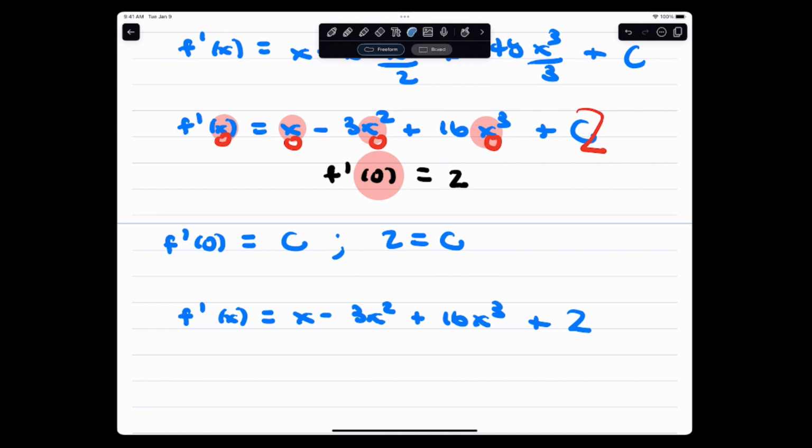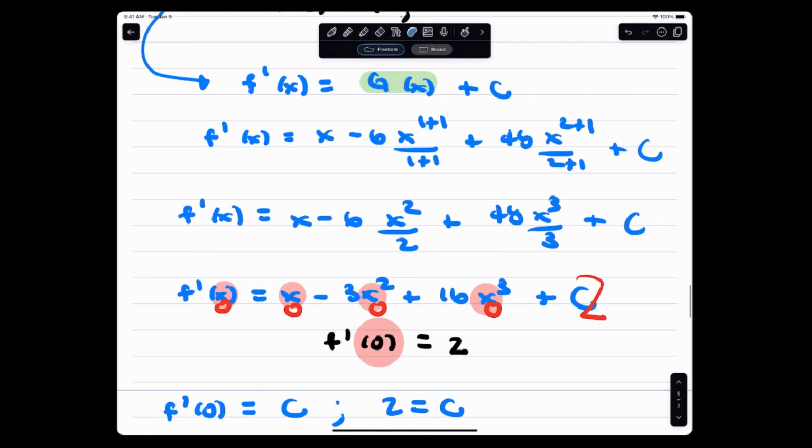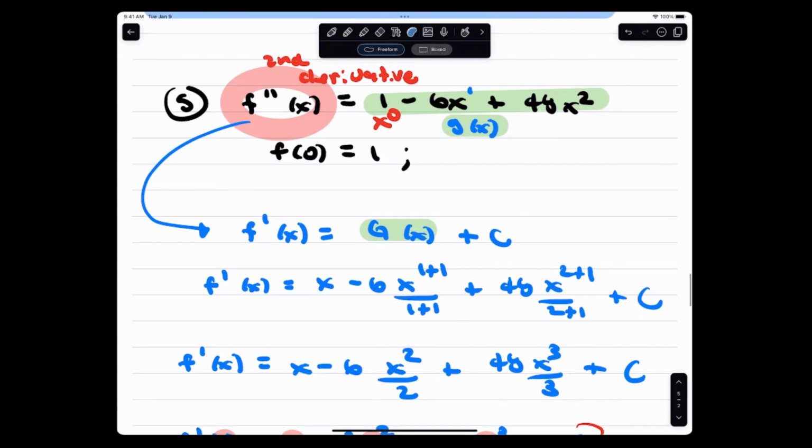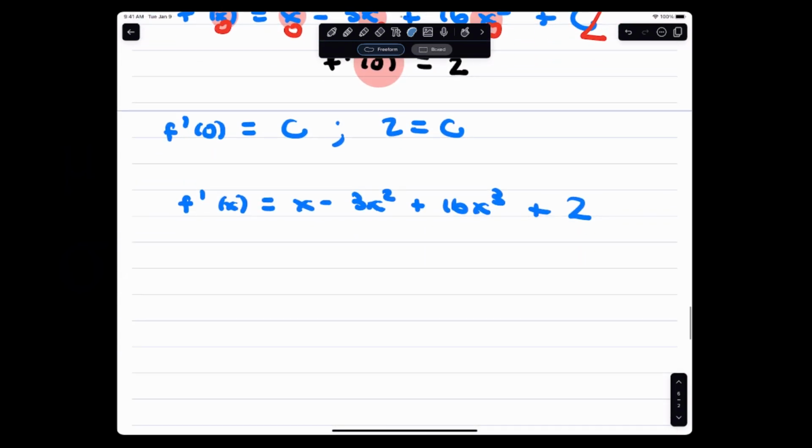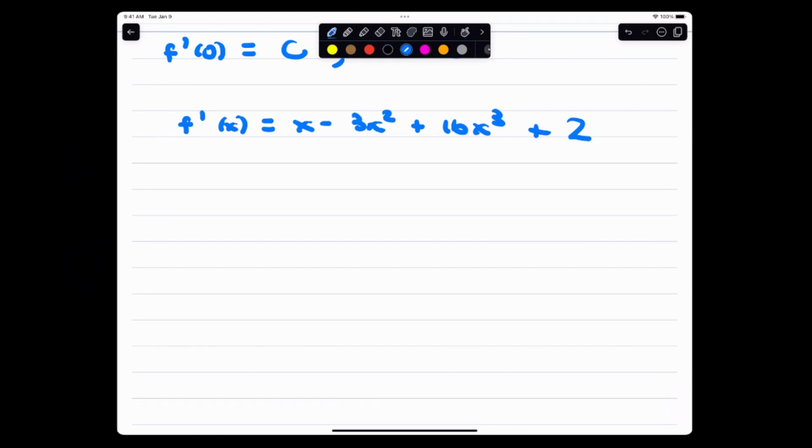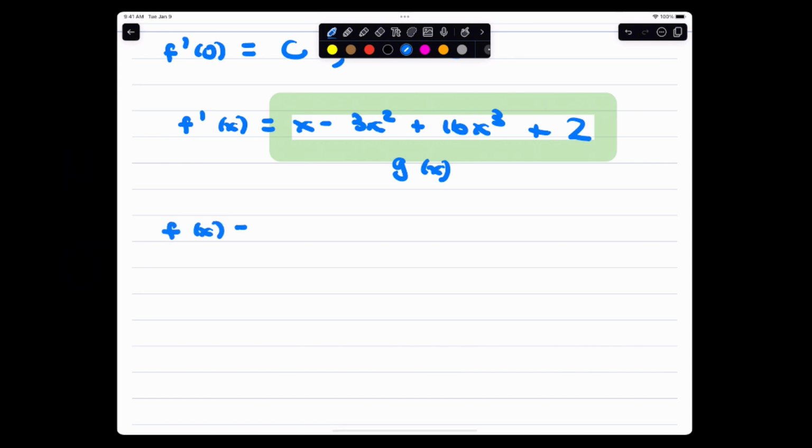And then you say, well, how do I get f? After I got f prime, what do you guys think you have to do? You apply again the same principle, or I should say, take the antiderivative. This is your new g now, if you want to look at it that way. Okay, now to go from f prime to f.